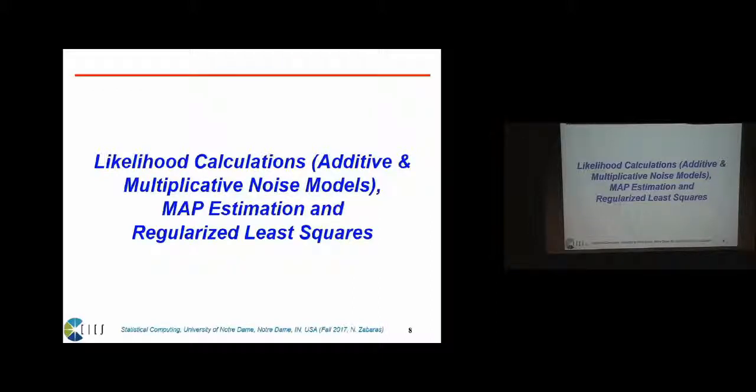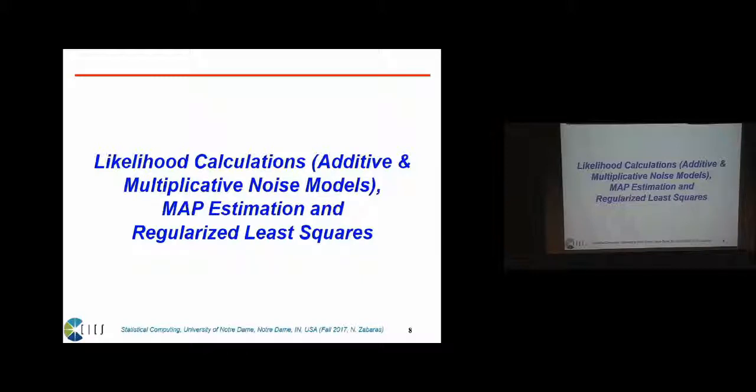All right, so we're ready to talk a little bit about these likelihood calculations and discuss the concept of additive and multiplicative noise. There are lots of examples in the notes that you will consult, so I'm going to be jumping just to give you some of the key ingredients of this type of calculations and relations with things you know, least squares and regularized least squares type of calculations.